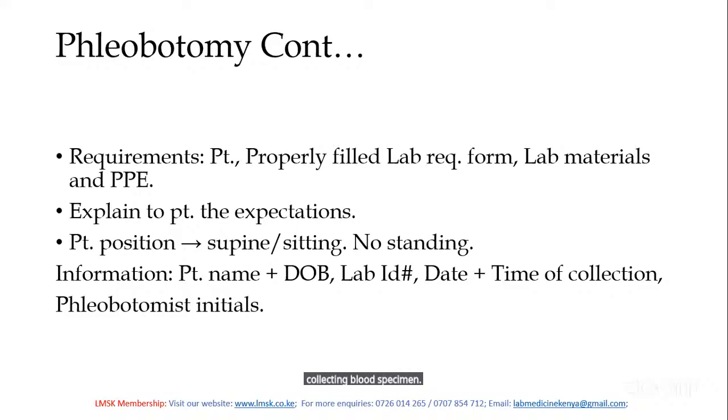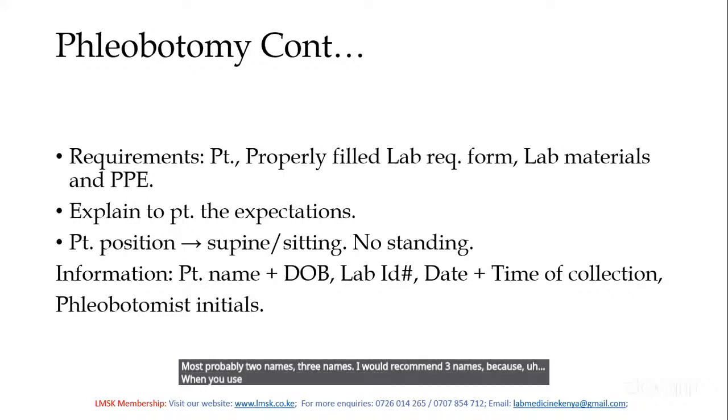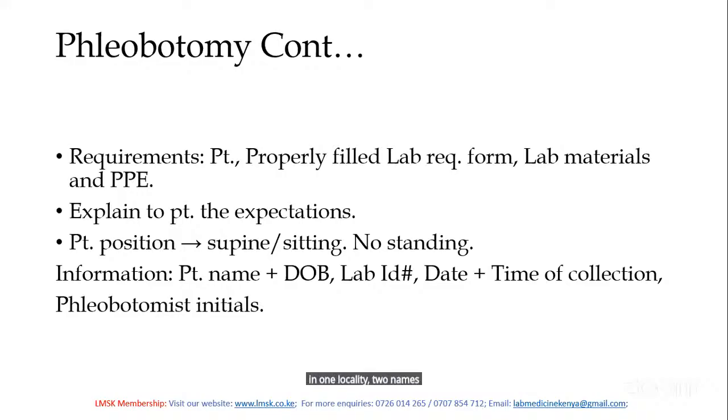Then the details required from the patient, which you should have, include the name of the patient, most probably three names. I would recommend three names, because when you use two names in one locality, you can have more than one person with similar two names. So I would recommend three names. Then date of birth is also very important.